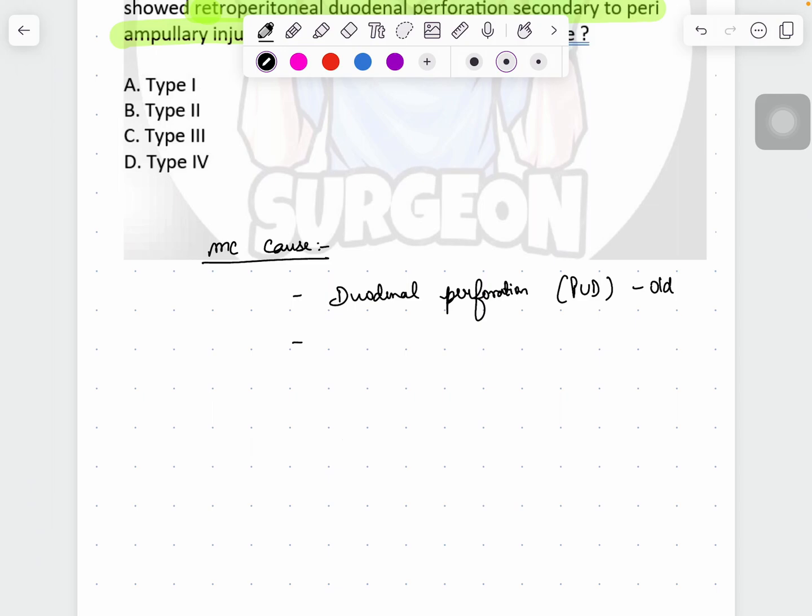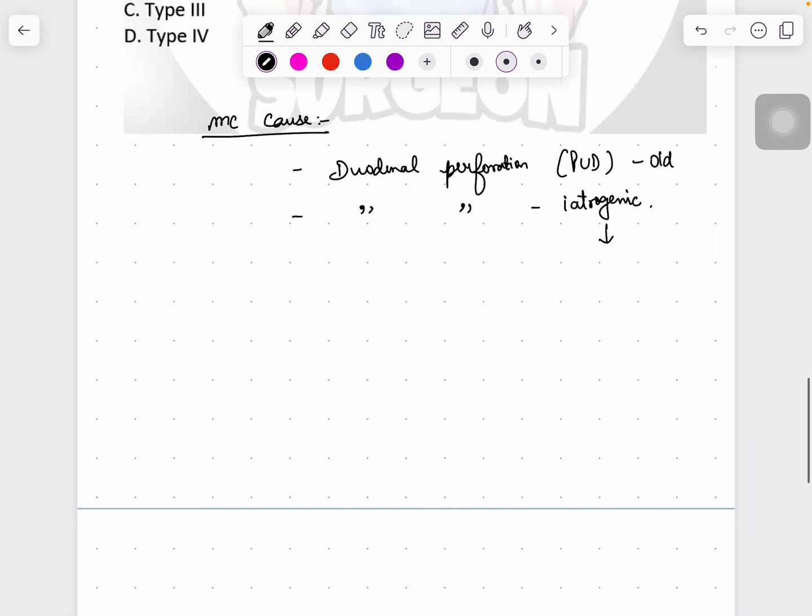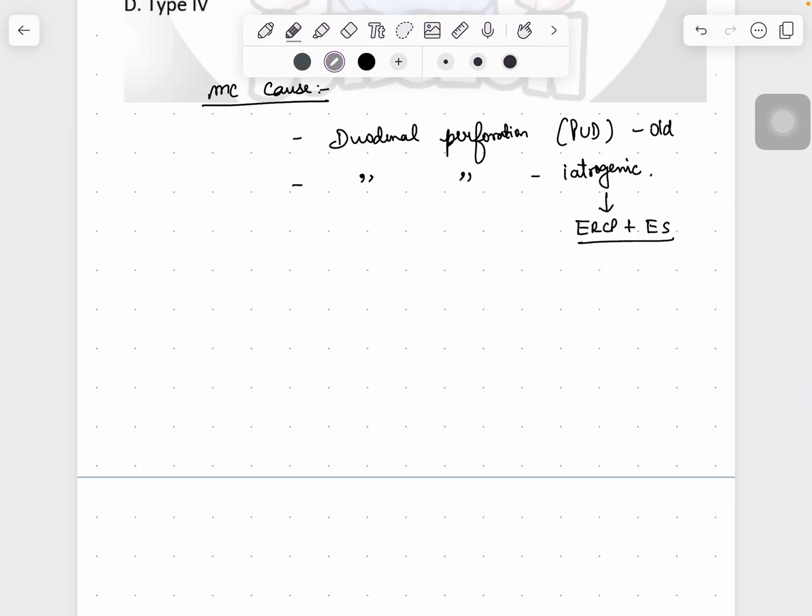But currently the most common cause is duodenal perforation that's iatrogenic. This iatrogenic perforation happens mostly following ERCP with endoscopic sphincterotomy, and the incidence of endoscopic sphincterotomy induced iatrogenic duodenal perforations is around 0.5%.